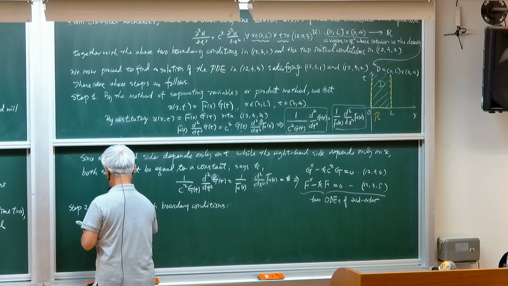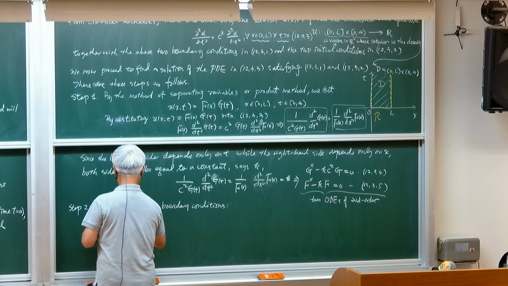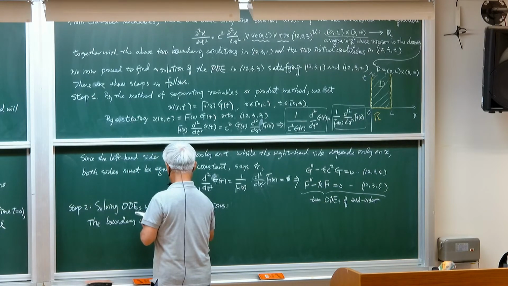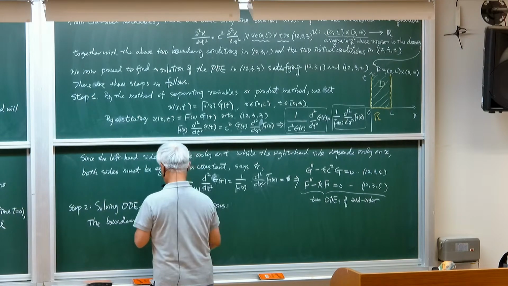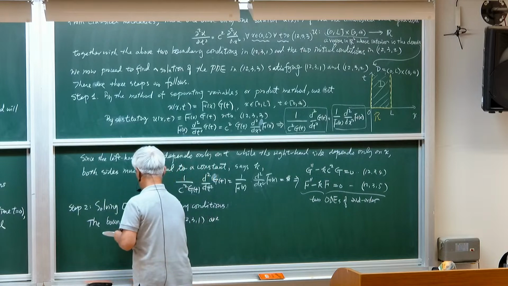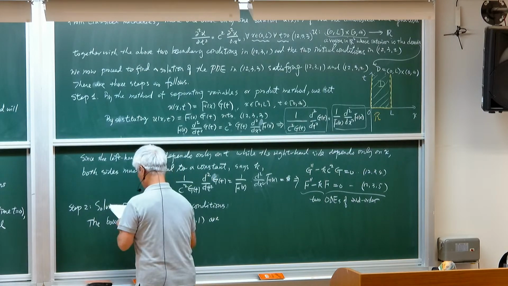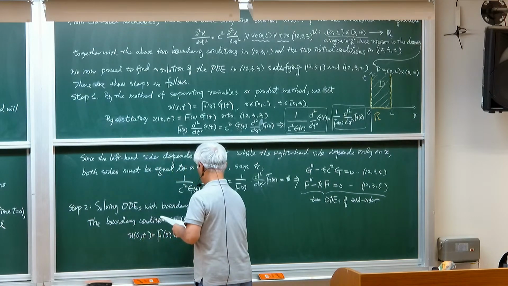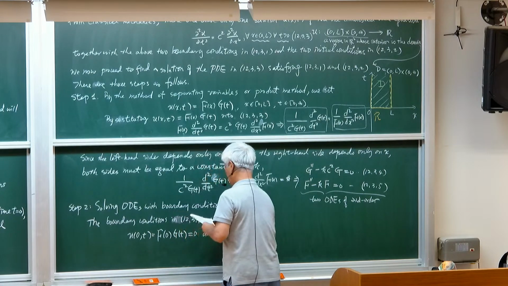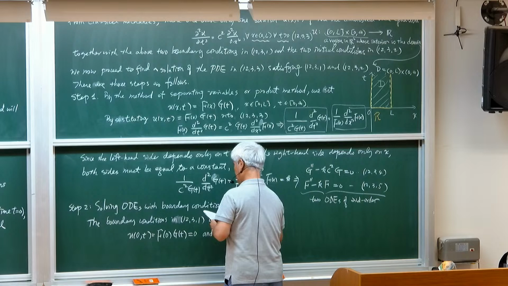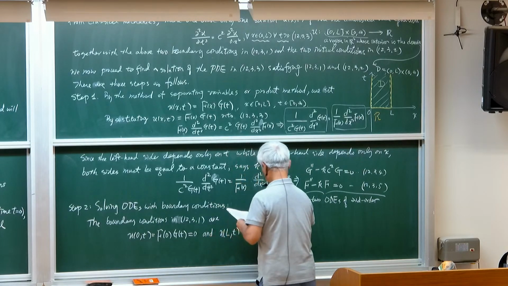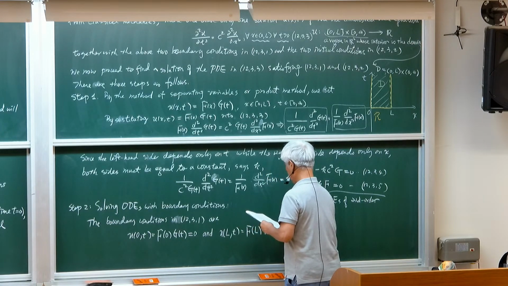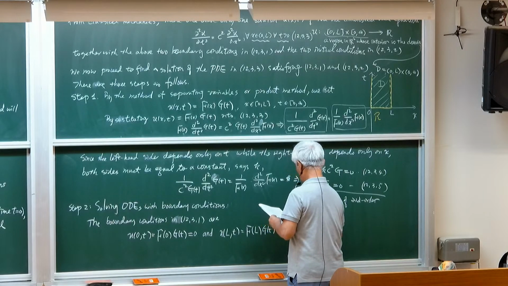The boundary conditions in 12.3.1 are u of 0, t, which is f of 0 times g of t, is 0, and u of l, t, which is f of l times g of t, is 0 for all t greater than or equal to 0.